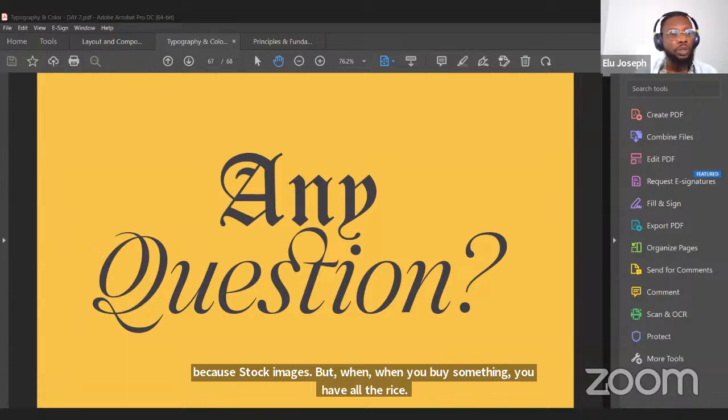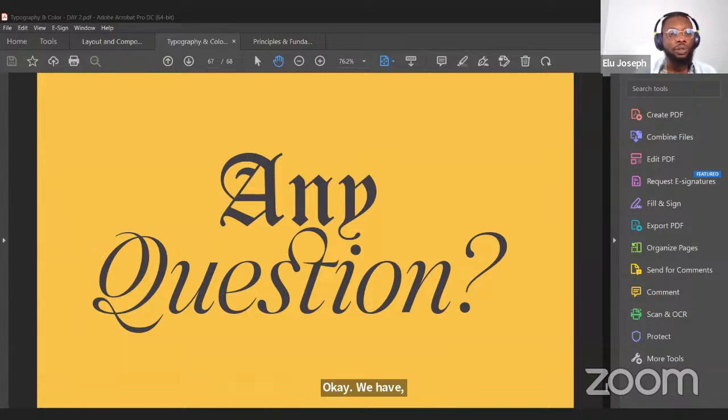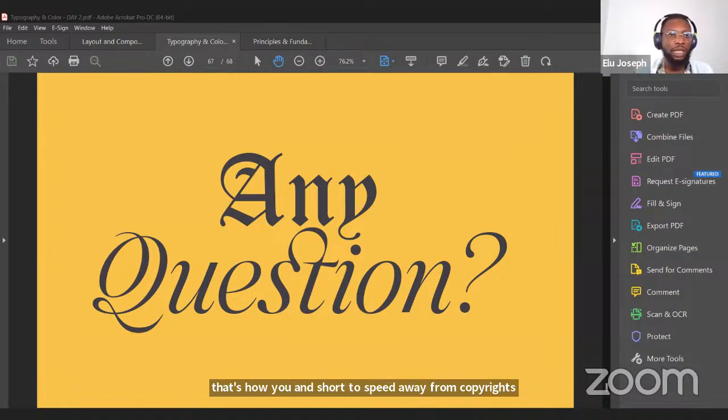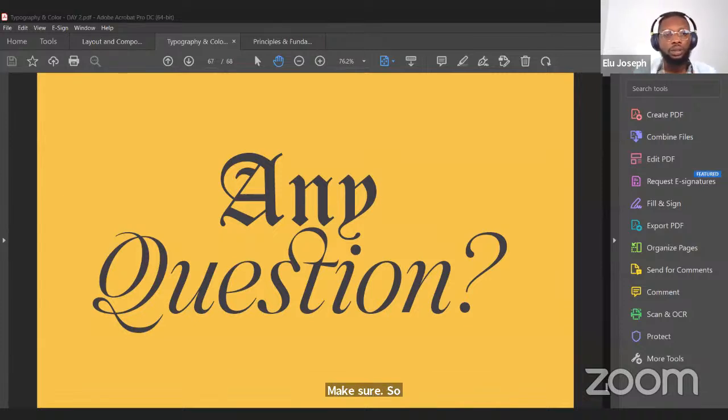So that's how you ensure to stay away from copyright. Don't just go and pick any image from anywhere. Make sure. So either you buy an image, or you take a picture of your own image for yourself, or you create an illustration.